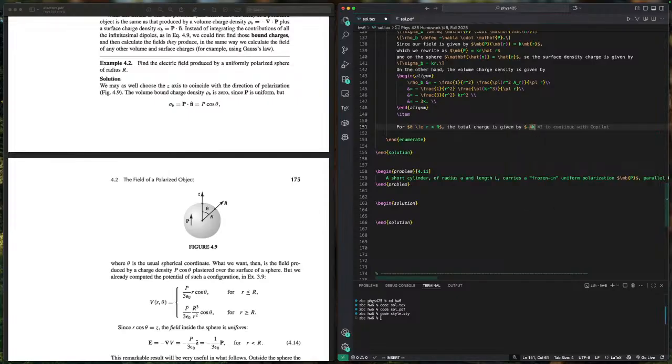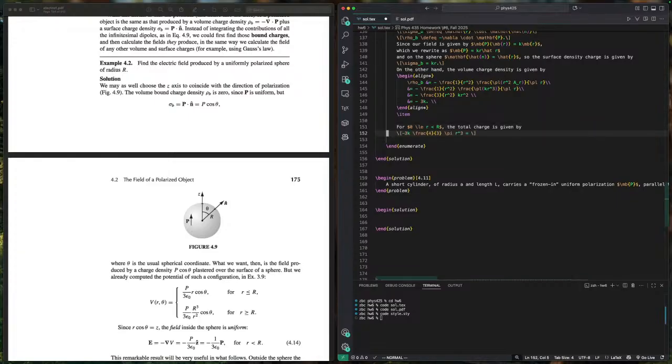Negative 3k, and then 4/3 pi r cubed is equal to, oh yeah, let's change this into an equation. So negative 4k pi r cubed.